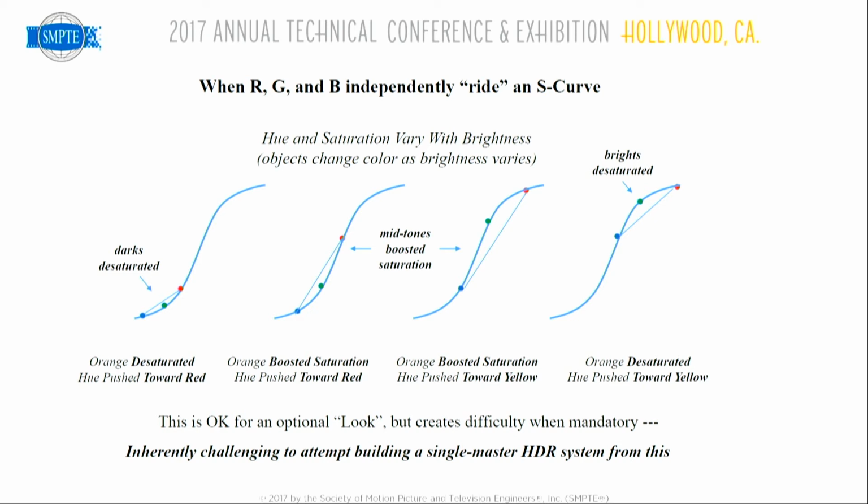In the mid-scale, the saturation is boosted. In the lower part of the curve, the green essentially gets closer to blue, and the hue shifts towards red. In the upper half of the curve, the green gets closer to red, and the hue shifts towards yellow.